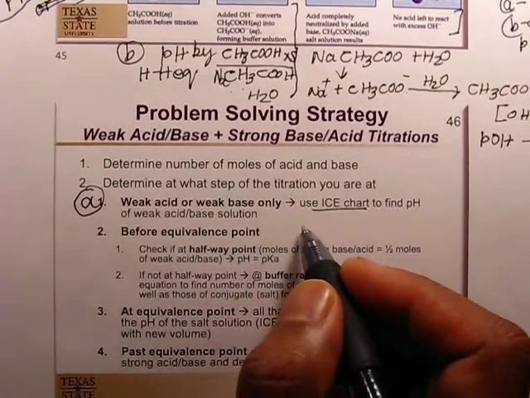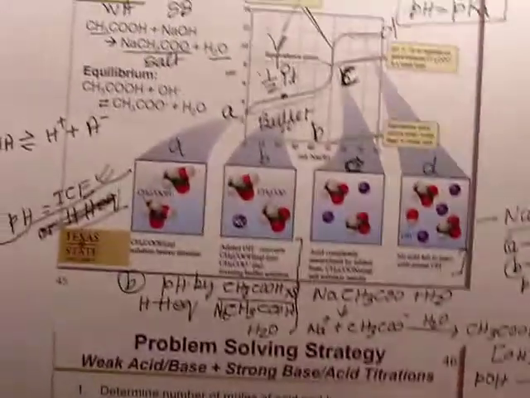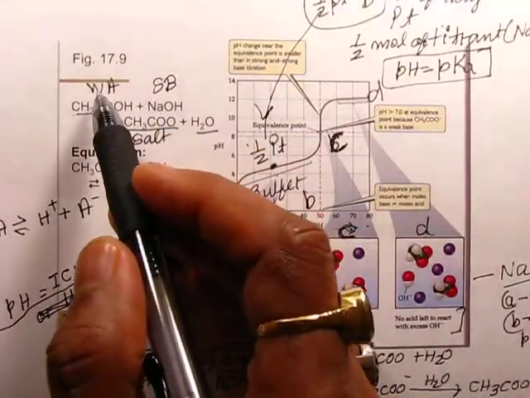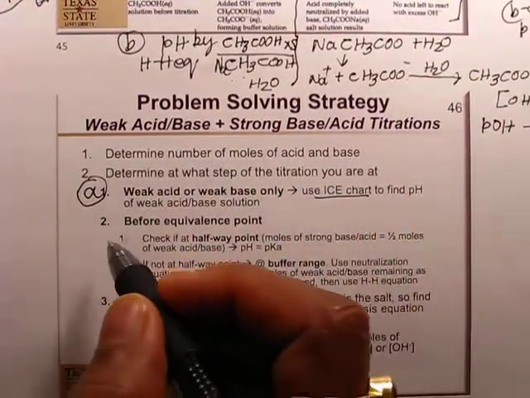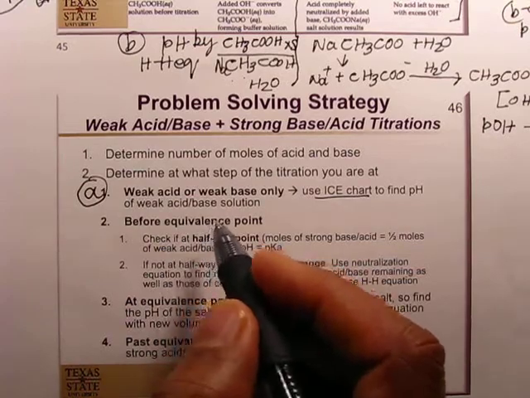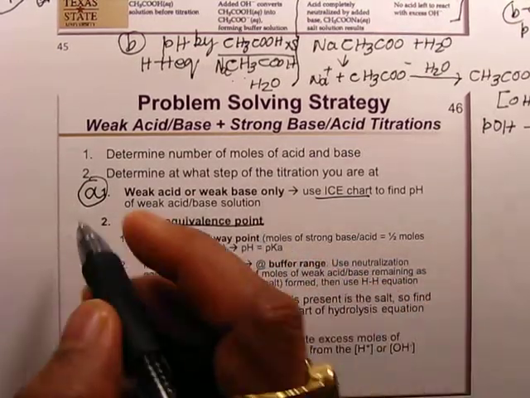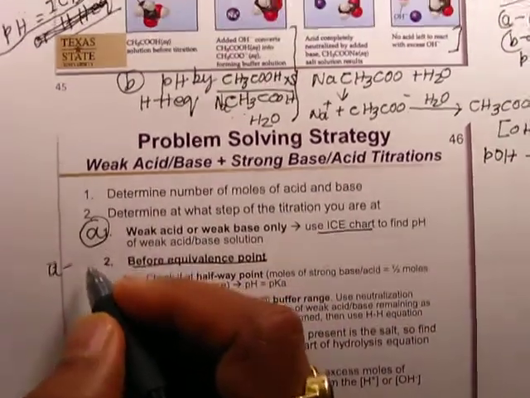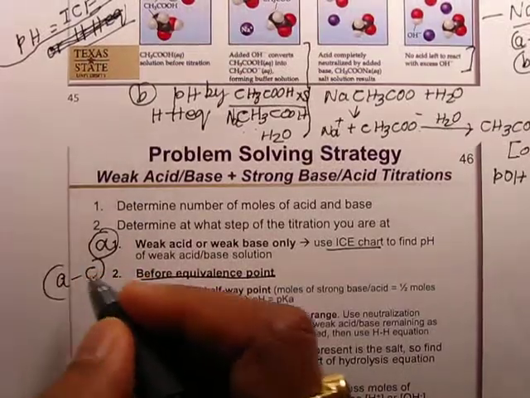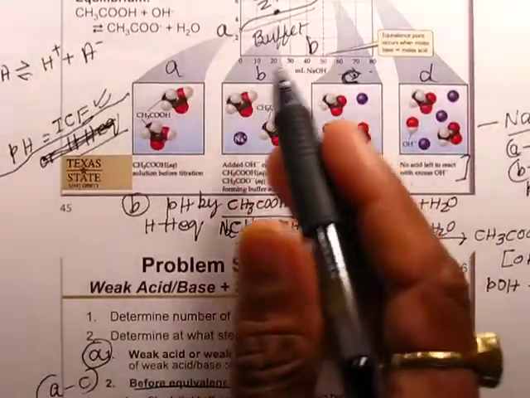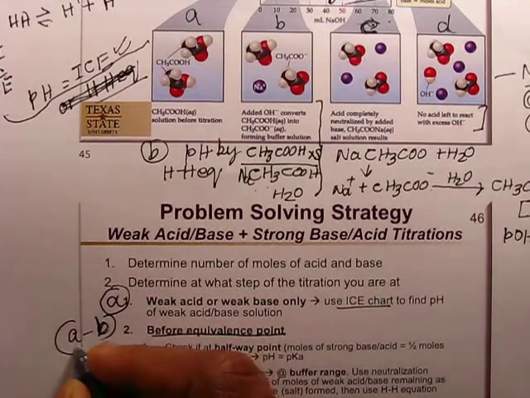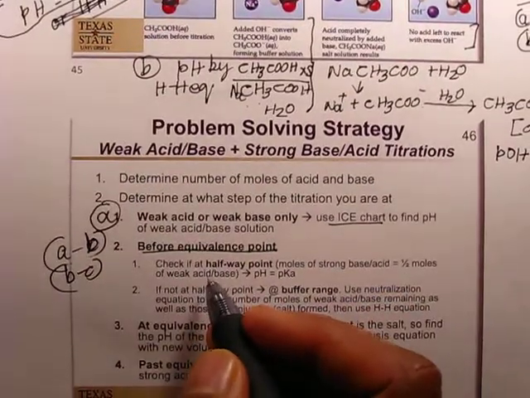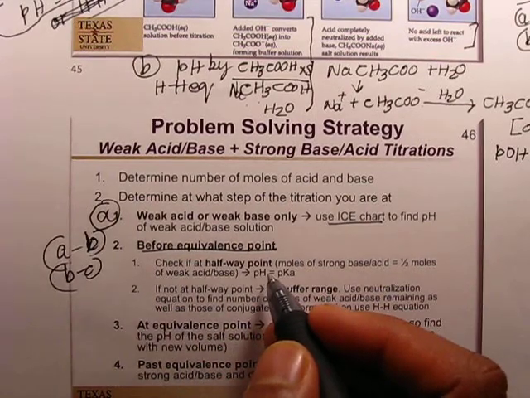The reverse is also possible: you can use a weak base and a strong acid, and this strategy applies to both. Before the equivalence point, meaning A to B or B to C, check if you are at the half point.